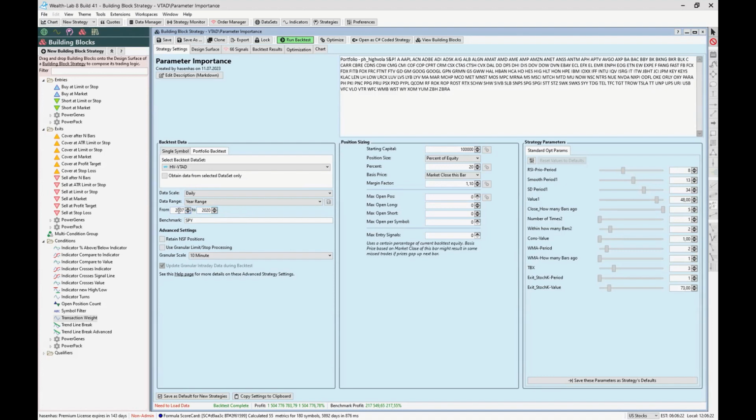You say, okay, the system works very well. And the next step is to look in the out-of-sample date range. And then you look at the out-of-sample date range, and let's say the system does not work good in the out-of-sample time frame.